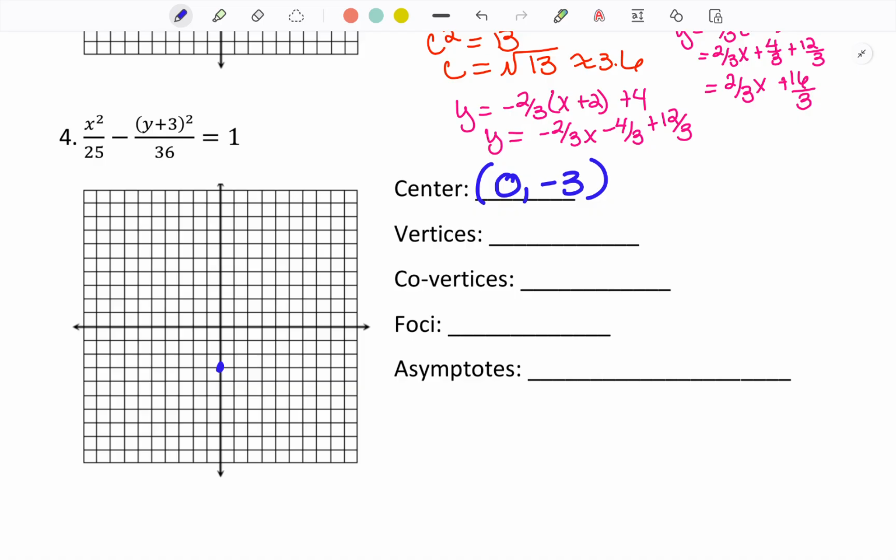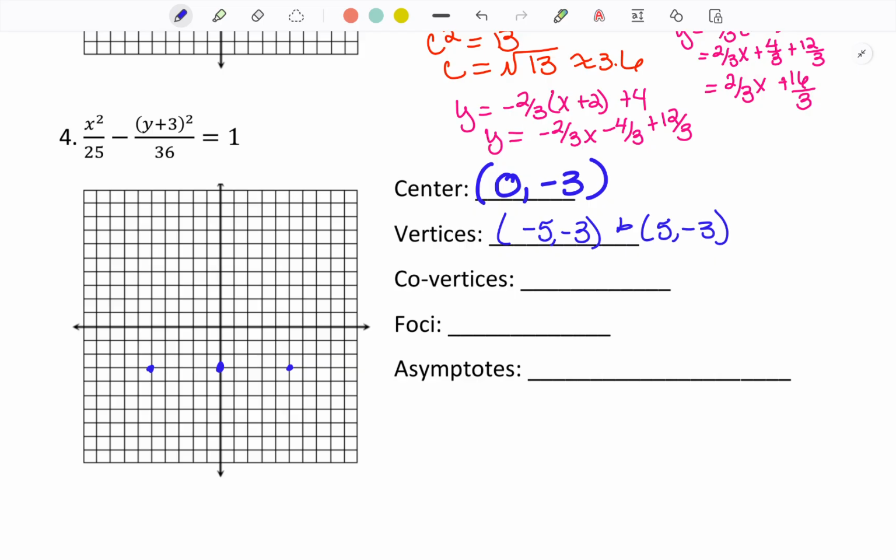So we're going to go plus or minus 5. So that puts our vertices at (-5, -3) and (5, -3). So 1, 2, 3, 4, 5.